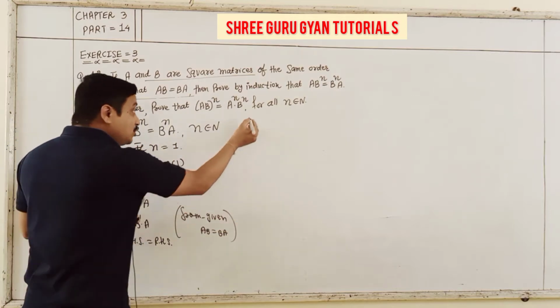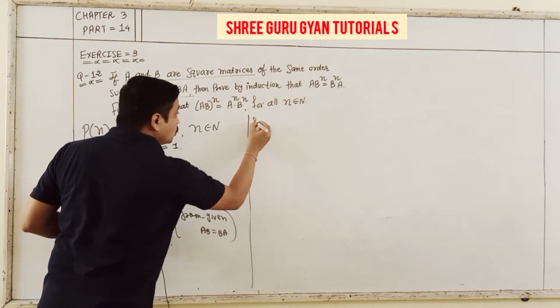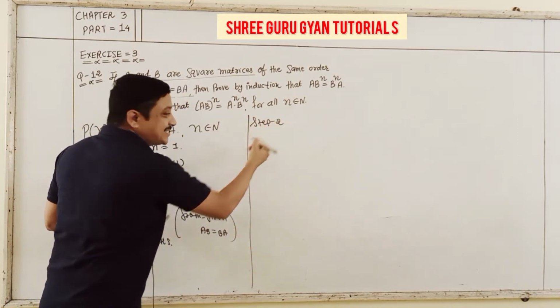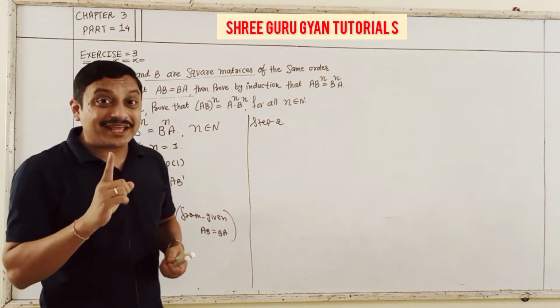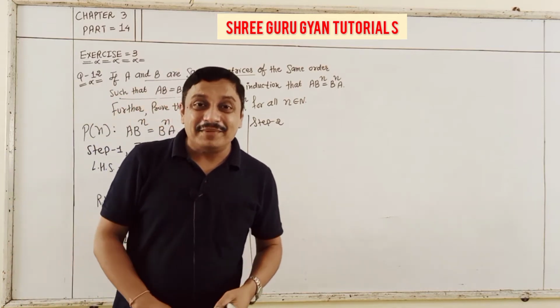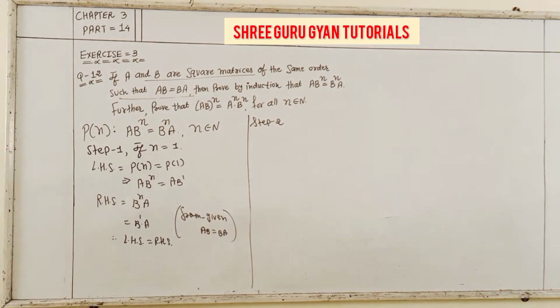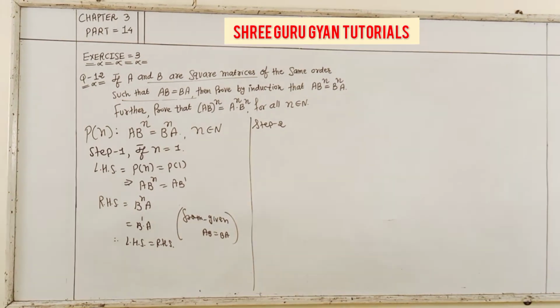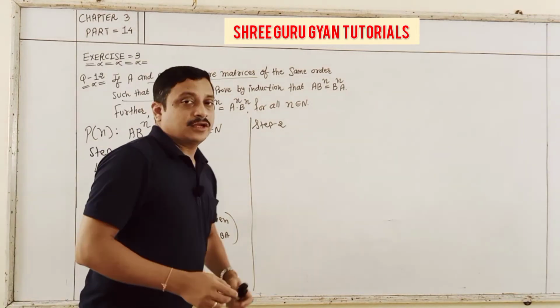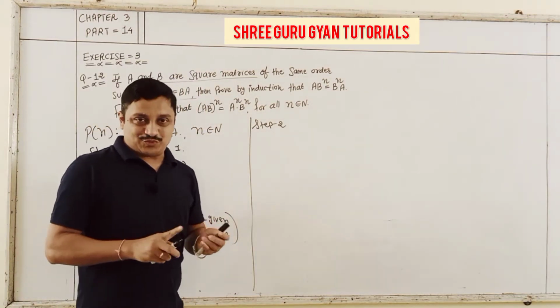Now I will move towards step number 2, which is: if P(k) is true, then apply it to show P(k+1) is true for the further proving. Now students, we start our step 2.